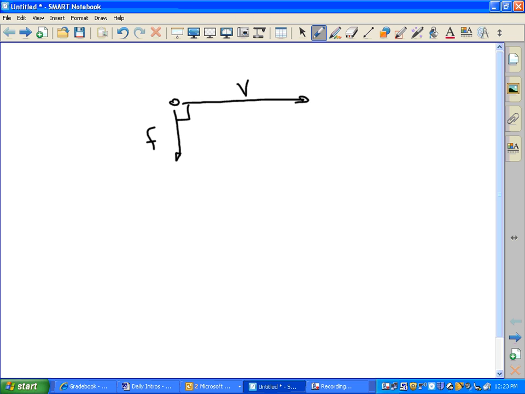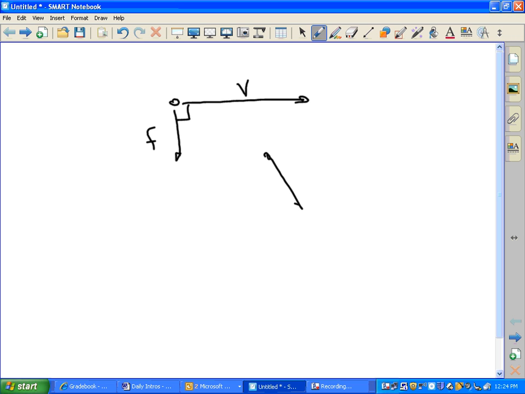Will that cause the object to speed up or slow down? Speed up, slow down? Totally a trick question. Because look, notice my force is not in the direction it's moving. It's perpendicular to the direction it's moving. It will neither speed up nor slow down, but what will it do? Change direction. Okay, this will cause it to change direction.